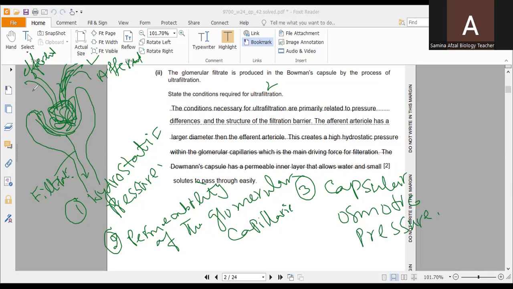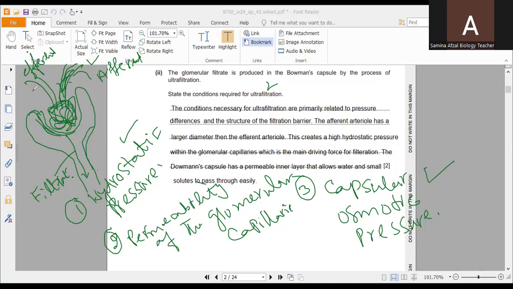So there is a balance of pressures, with the glomerular hydrostatic pressure being greater than the opposing colloidal osmotic and capsular hydrostatic pressure. Due to this balance, it is very helpful for the fluid or substance to filter down in the form of filtrate into the Bowman capsule.